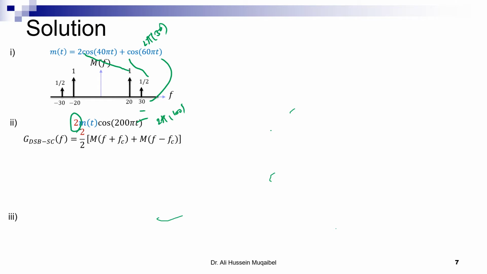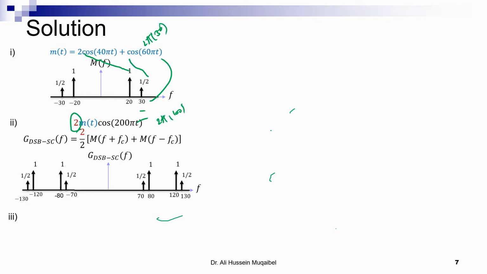So we get the spectrum shifted right, shifted left, and there is no scaling now because the 2 will cancel with the half. So I got all the frequency components here and shift them by plus 100, minus 100. You got 80 and 70 components, and we have the lower side in the same way. So the 4 deltas become 8 deltas. You think of this as double sideband.